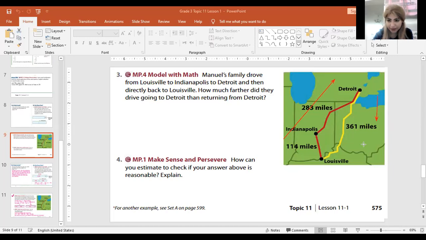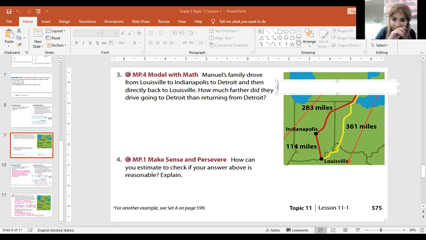And in coming back, I have 361. So I will do 361, or this number that I will get, which let me say it is X, Y, or Z, or B, or C. So let's say it's X equal 283 plus 114.